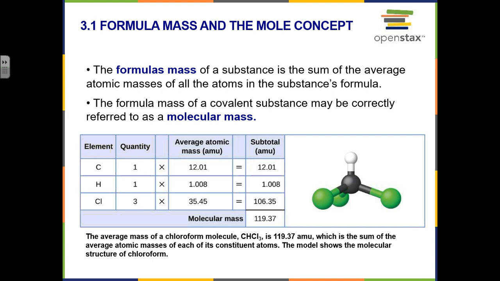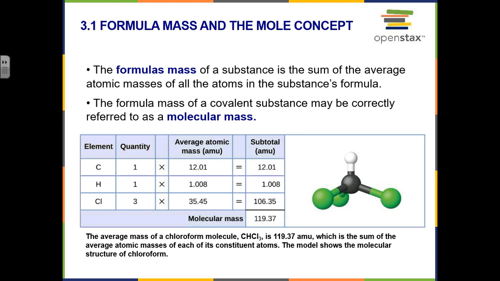There's one atom of carbon, one atom of hydrogen, and it's understood to be 3 atoms of chlorine. You take those quantities and multiply them by the individual elements' respective average atomic mass. You've heard the term average atomic mass used to refer to the mass number, or the atomic mass, which is the larger number of the element found on the periodic table.